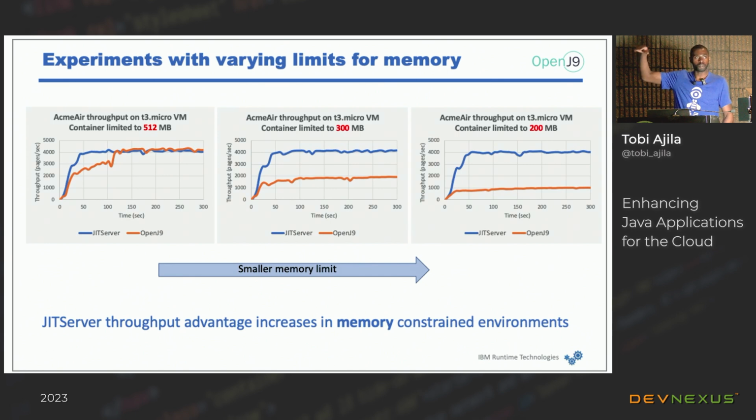But overall, peak throughput is the same with both. Now, as you start to constrain the amount of memory the node has, you start to see a difference in peak throughput with JIT server and without. And if you constrain it more, the relative difference gets larger and larger. That demonstrates some of the benefits of this approach.